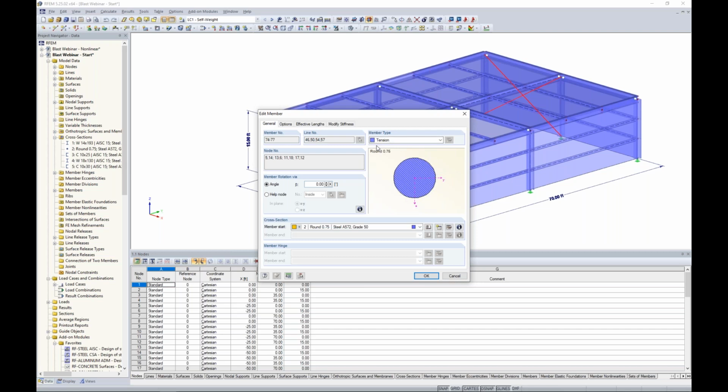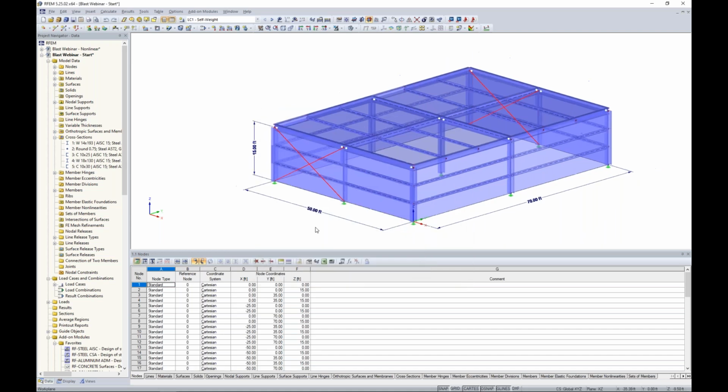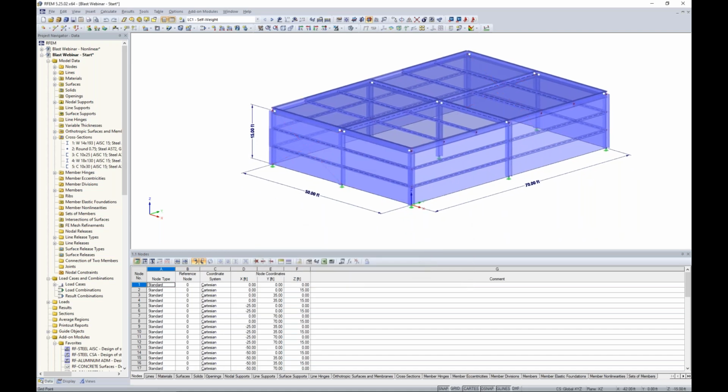So in the program, these will take only tension forces. It's some type of cable element, we'll assume. When the program experiences compression within these elements, it will completely take them out of the analysis, but RFEM being a nonlinear analysis, it can reactivate these if we see tension again in a subsequent iteration. So let's just keep that in mind for those X braces.